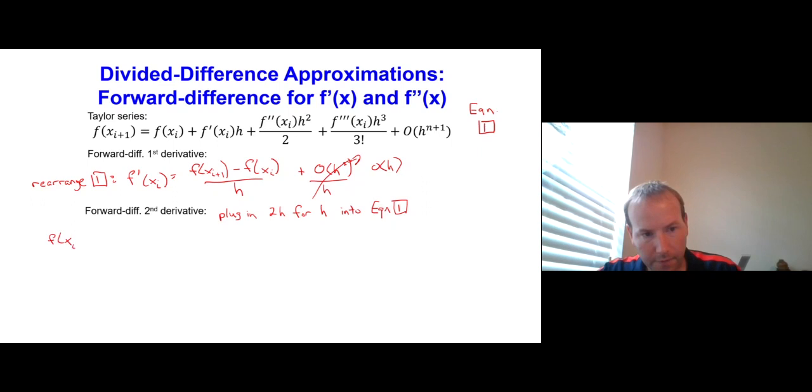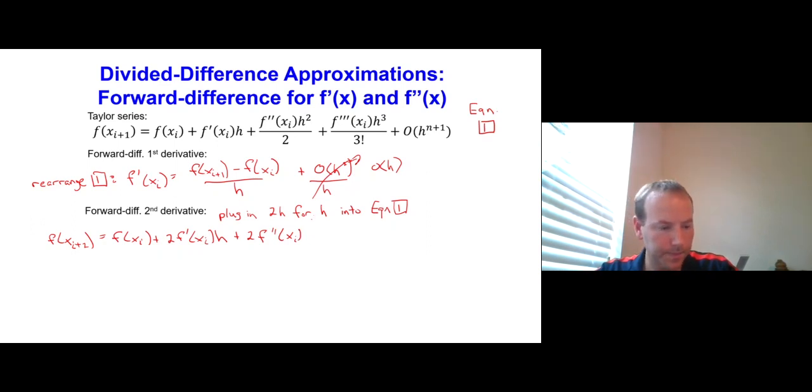So this is f of xi plus 2 now, because we're going to be jumping 2 steps, and this is given by f of xi plus 2 times f prime of xi h, because this is h times 2, plus 2 times f double prime of xi h squared, and notice this is 2 because we had an h squared, so it's like 2h squared became 4h squared, and so 4 divided by 2 was 2.